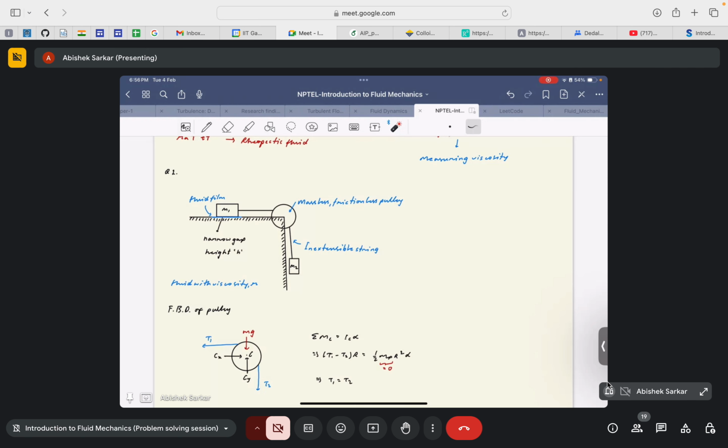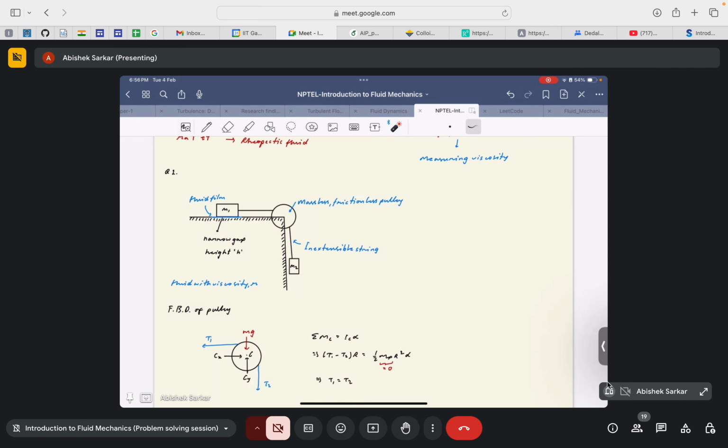Then we can write T1 minus Fr equal to m1 into dV1 by dt, where Fr, as we found out, is mu V A by h. So T1 minus mu V A by h is equal to m1 into dV1 by dt. Let us consider this equation number 1.